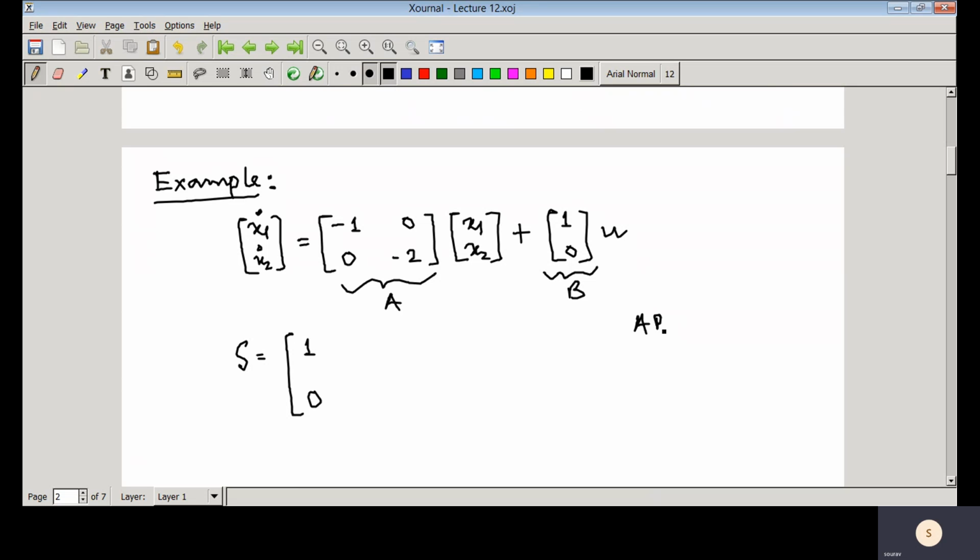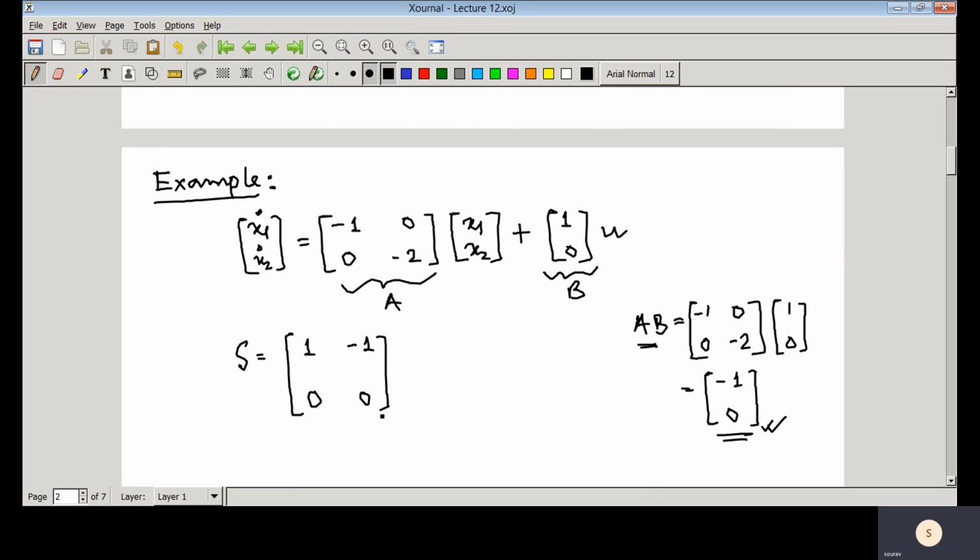A into B: A is minus 1, 0, 0, minus 2, and B is 1, 0. Just do that matrix multiplication, and you will get AB as minus 1, 0, as another column.